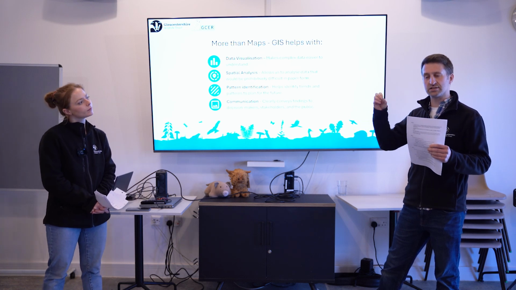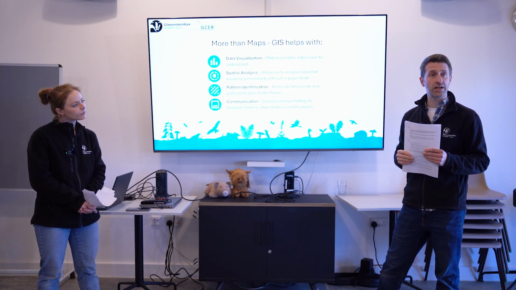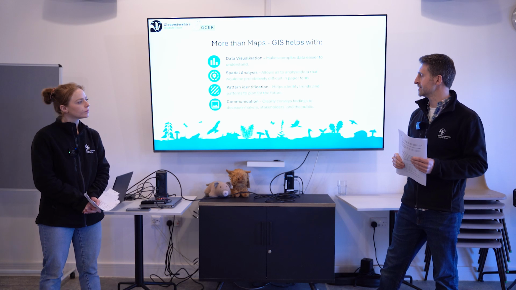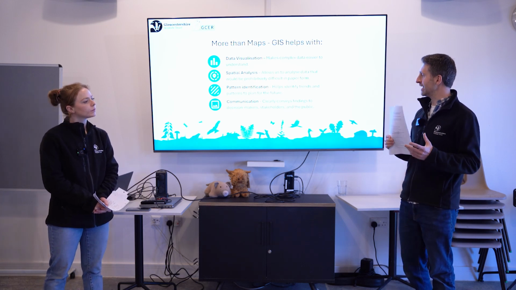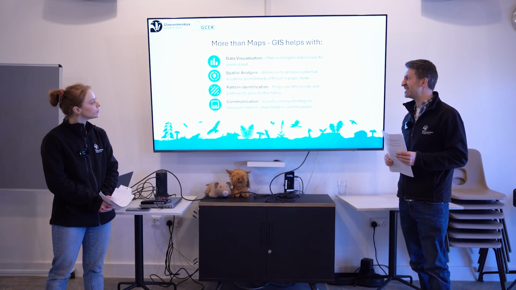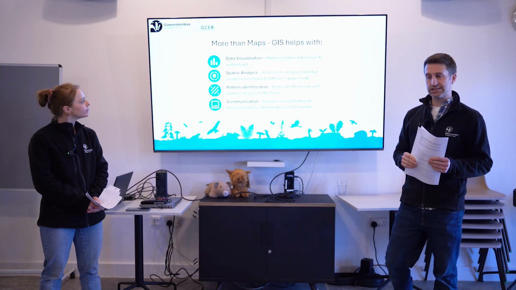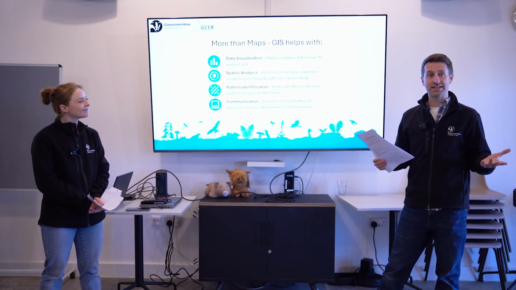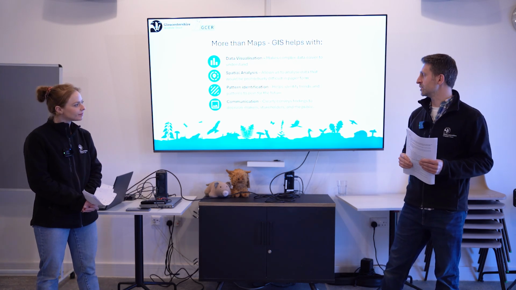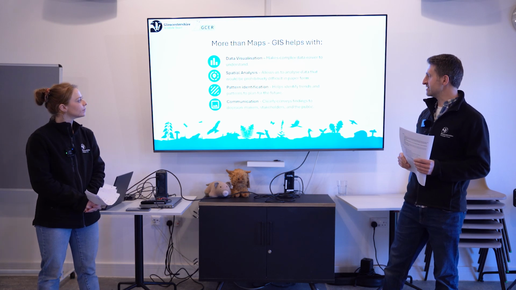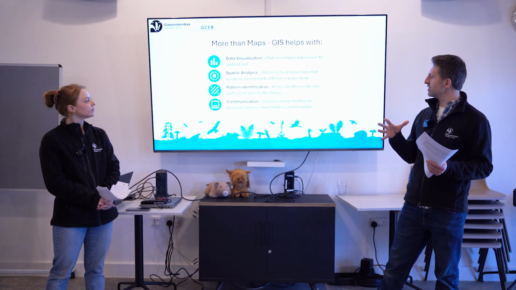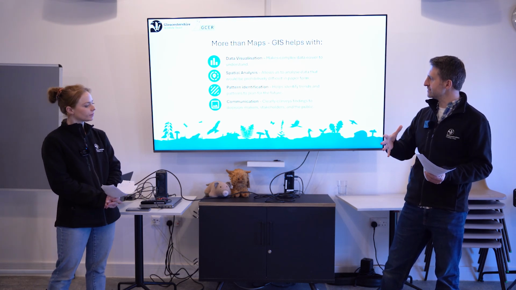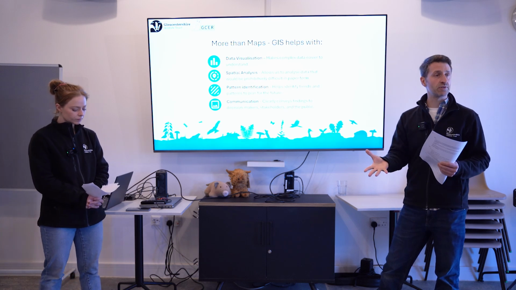If we can visualize those in a very simple way, we can make very quick snap decisions about things. Spatial analysis, so it allows us to analyze data that would be really difficult to do in a paper form. The great thing about GIS is, to some extent, it's unlimited, the amount of data that you can have inside it. Pattern identification, so as I've said kind of previously, it helps us to identify trends and patterns so that we can plan for the future.